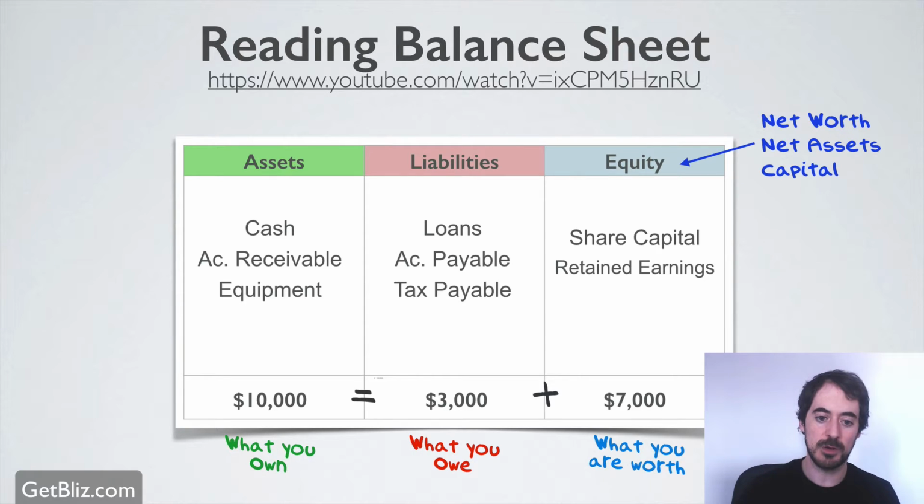And all the equipment that you own, and then you add all the value of those assets, and that's your total assets for the company at that moment in time. Liabilities: loans, your accounts payable, your tax payable, everything that you owe, then it gets added there. And then equity: share capital and retained earnings, or all the money you've made up to that point, it gets added there, and that's your overall net worth at that point in time.